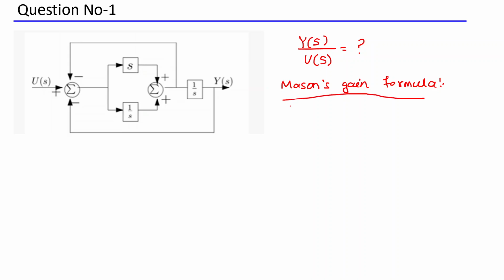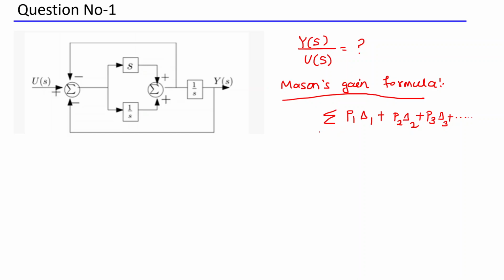So what is this Mason's gain formula? Suppose I want to find the output with respect to the input, then the formula says you have to do the summation, let's say I'm writing the equation here: P1 delta 1 plus P2 delta 2 plus P3 delta 3, like that you can add.